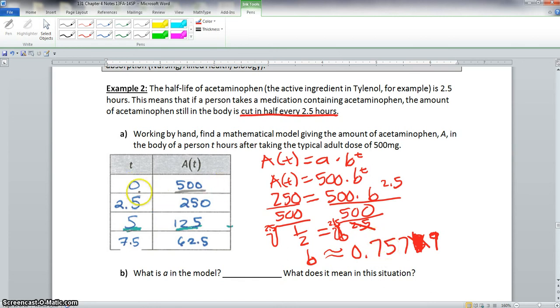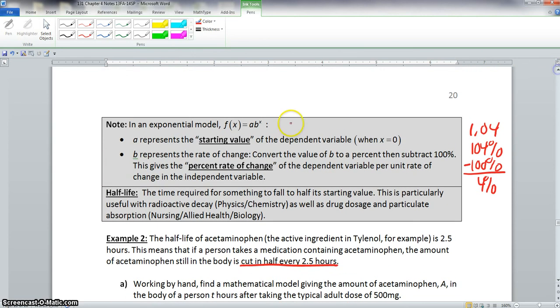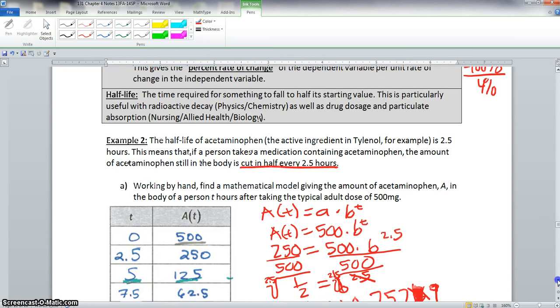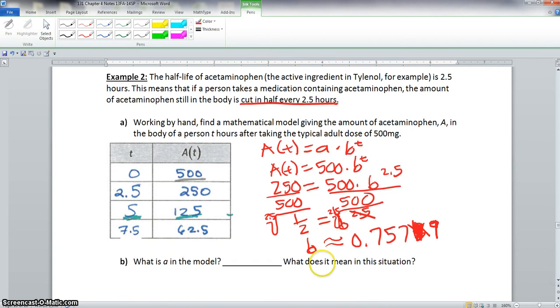We're not going by every hour. Remember, with this exponential function, the exponential model, our t or our x value must go in intervals of 1, and we don't have that. So this b, approximately 0.7579, is assuming that this is going in intervals of 1.